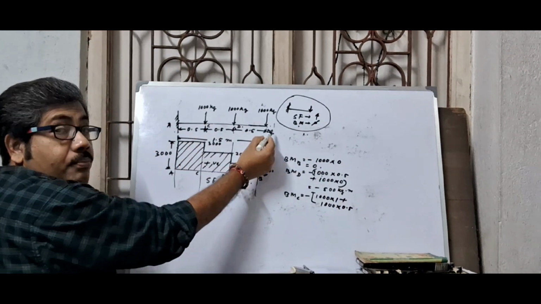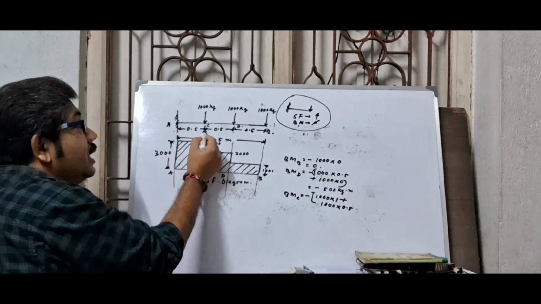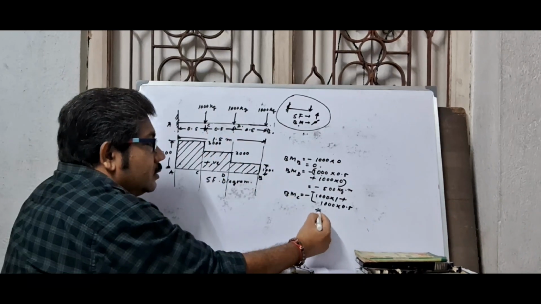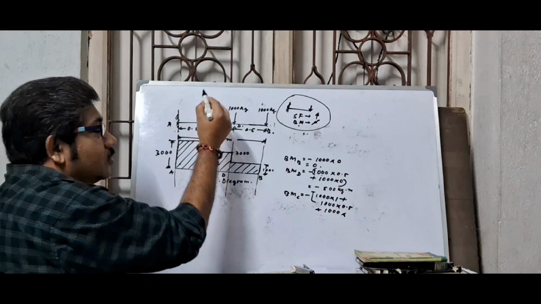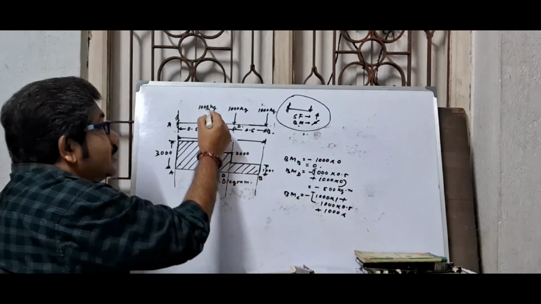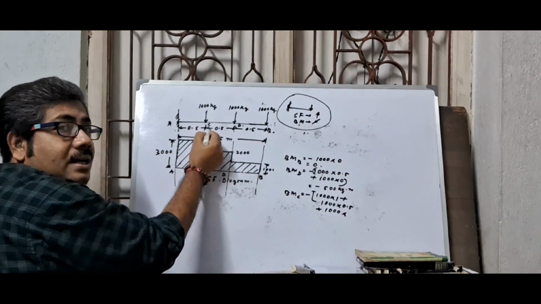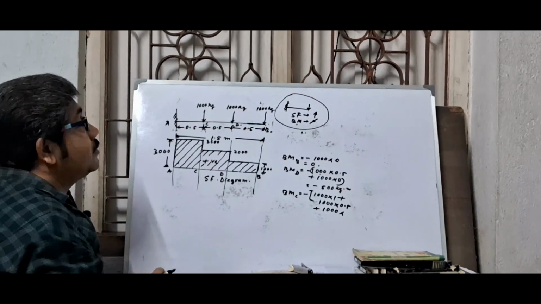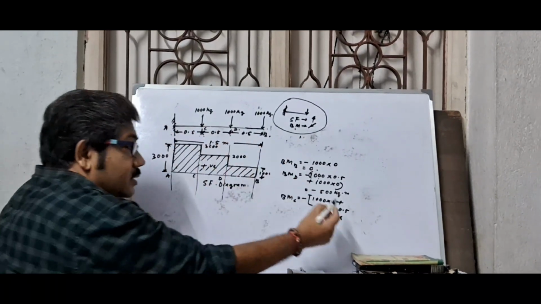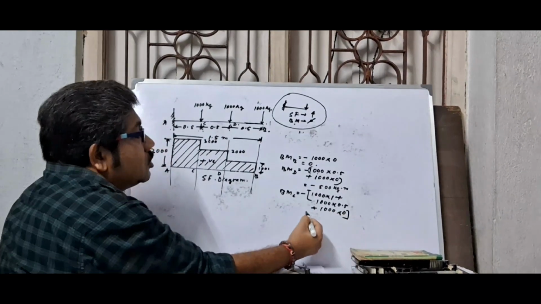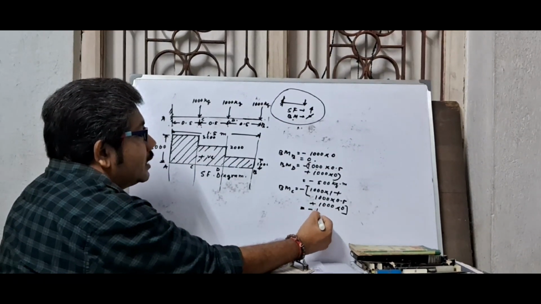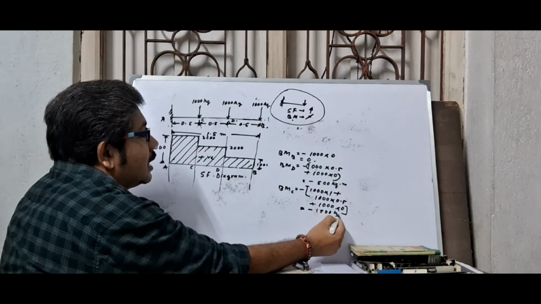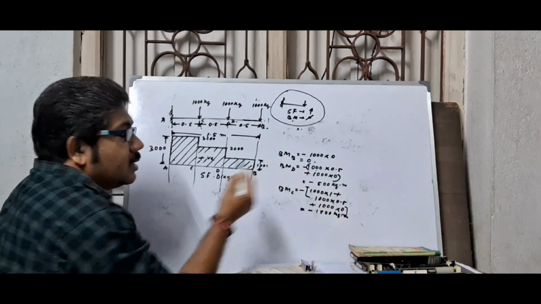At point C, the load is 1000, and there is no distance for this load, as it is acting at point C and you are taking moment at point C. So this is 1000 and 500, that is 1500 kg meter.